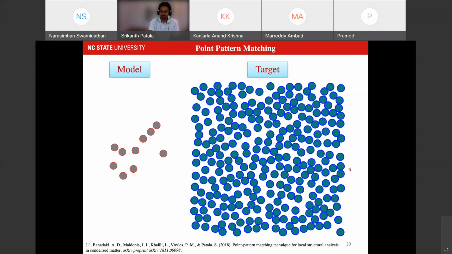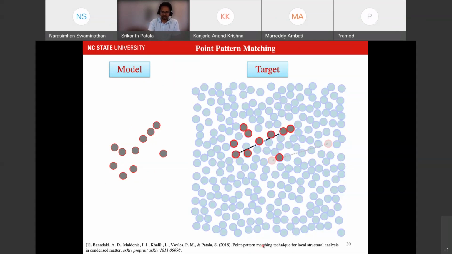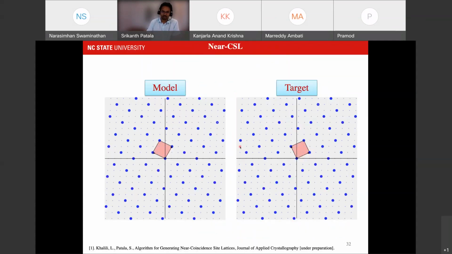This point pattern matching algorithm, again, if you're interested, please refer to this paper, identifies those set of atoms if they exist, even if they are slightly distorted. So they don't have to be an exact match. So we can use that point pattern matching to compare sublattices that are slightly distorted with respect to each other.